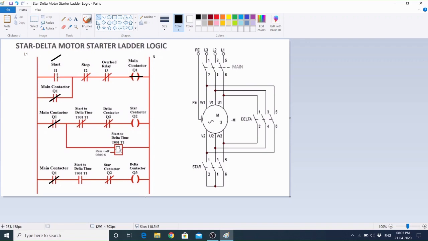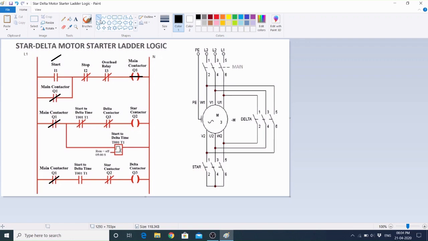Now if the push button is released, the power will be able to flow through this path, and this will be the closed circuit in that case.